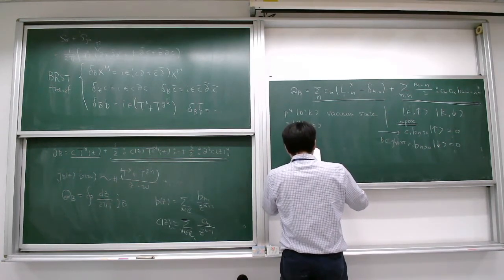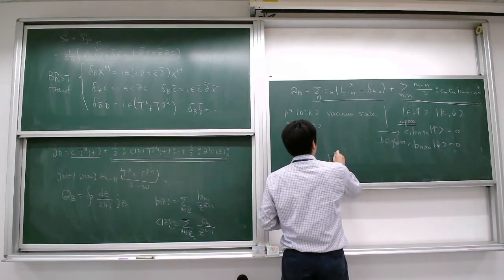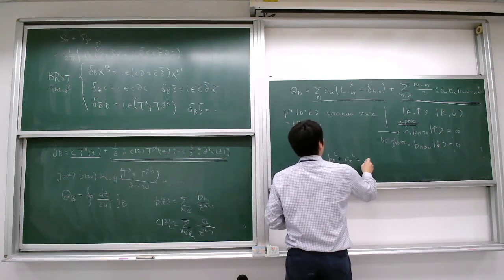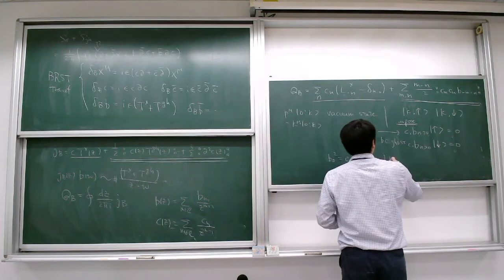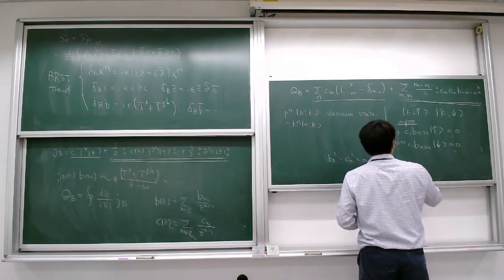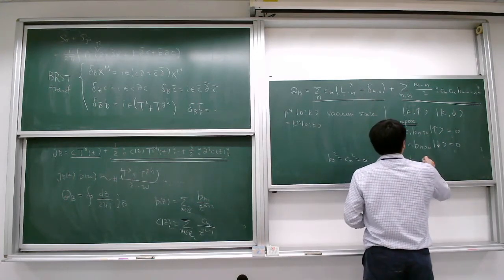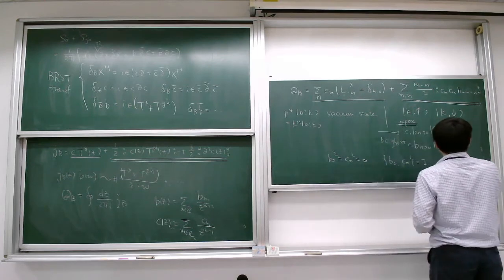So since zero mode satisfies the following, since it's Fermi, the square equals 0, of course, but B0 and C0 equal to 1, that's coming from this OPE condition.